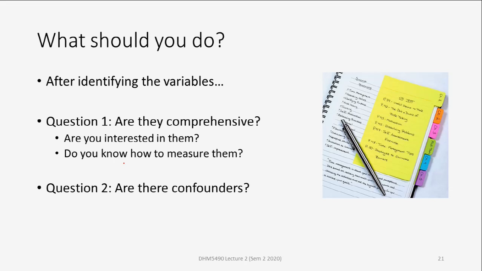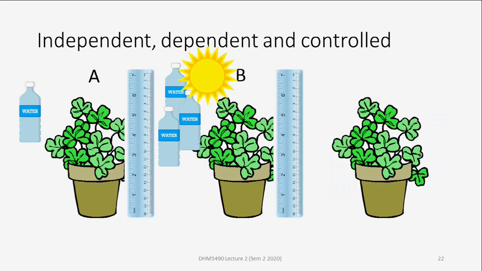What are confounders? Let me show you with an example. This is the planting experiment I have told you previously. In set A and set B, I use different amount of irrigation water.